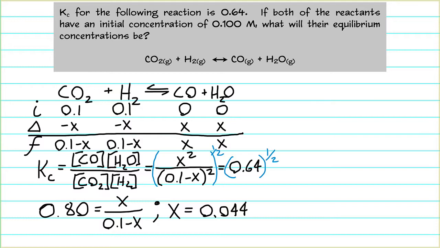Okay, we're not done yet. We started out the problem by saying that the equilibrium concentration of carbon dioxide will be equal to the concentration of H2, and that is equal to 0.1 minus x, which is equal to 0.056 molar.